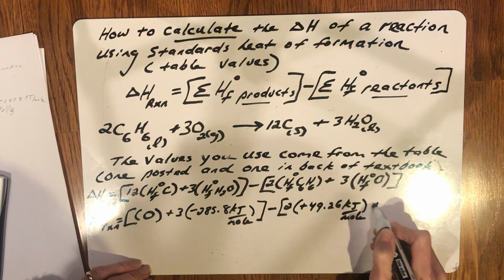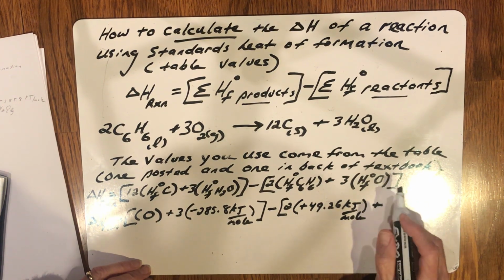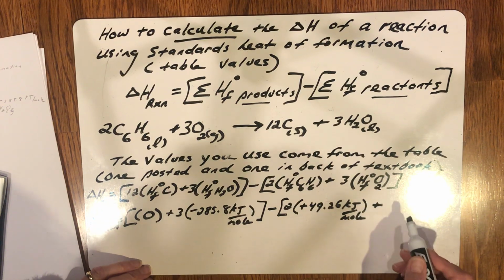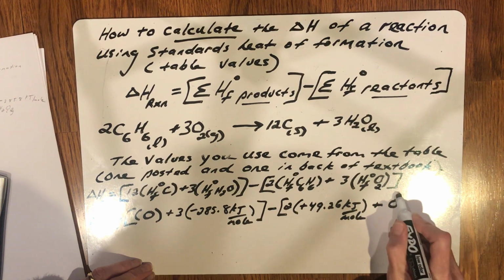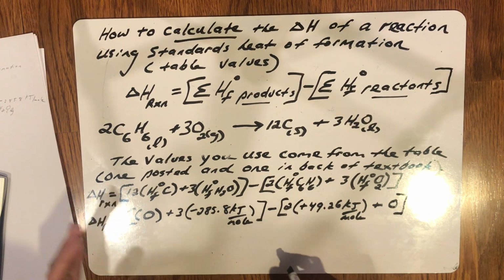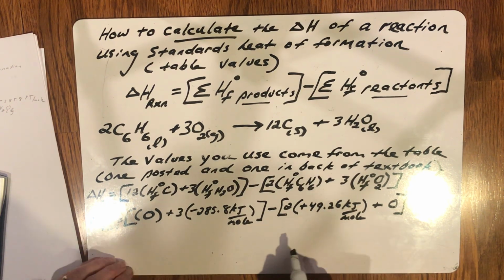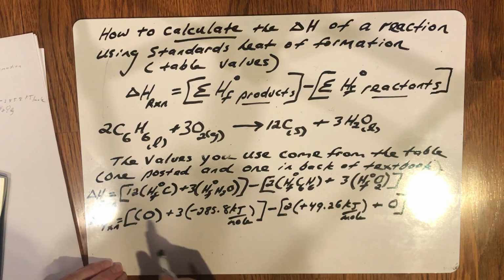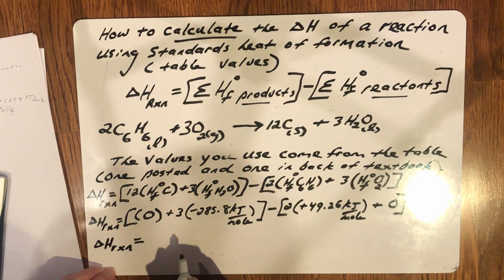And add to that, again, I have oxygen, which is an elemental substance. It exists, it doesn't form, so there's a 0. So if you ever forget which ones have a heat of formation and which ones don't, if you go to look them up on a table, you won't find them. And that will clue you in and help you remember that elemental substances don't have a value.